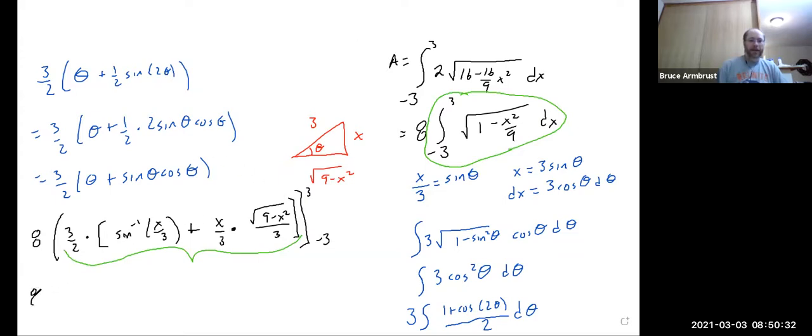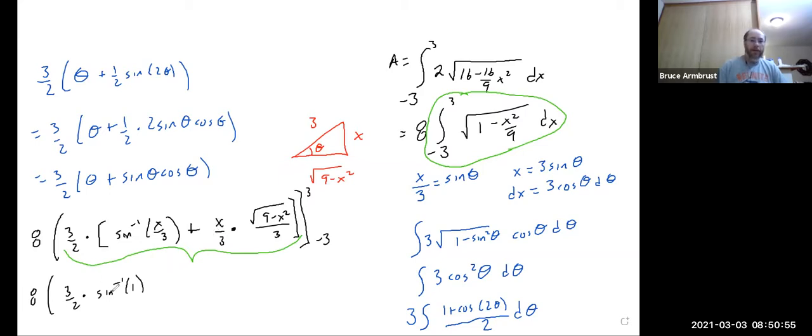So we're going to have 8 times 3/2 times, when I plug in 3, I get inverse sine of 1. Over here, notice when I plug in 3, the 9 minus x squared becomes a 0. I get nothing.